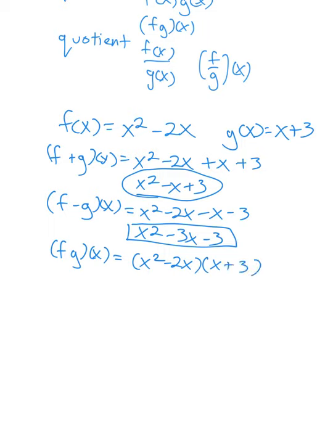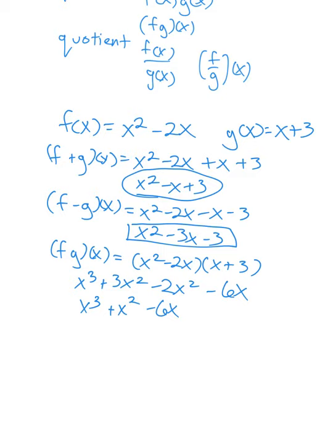So this becomes x cubed plus 3x squared minus 2x squared minus 6x. Combine the like terms, so we have x cubed plus x squared minus 6x.